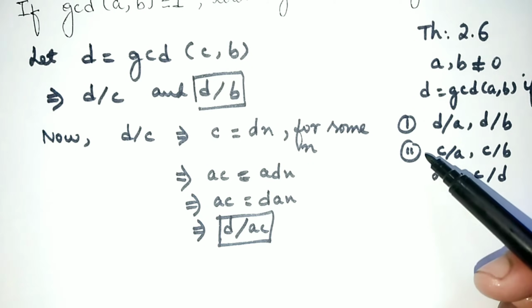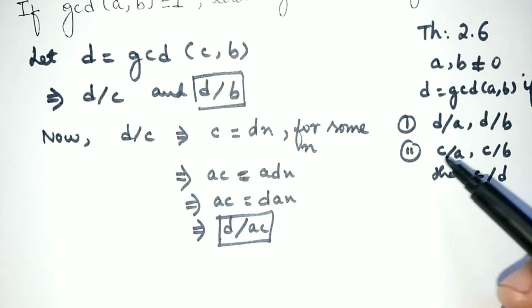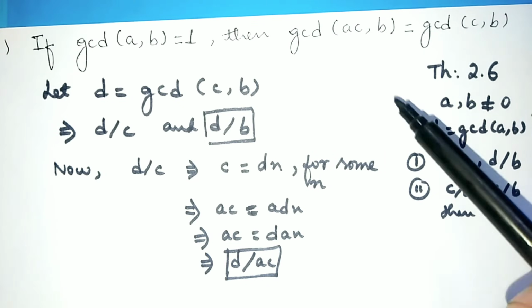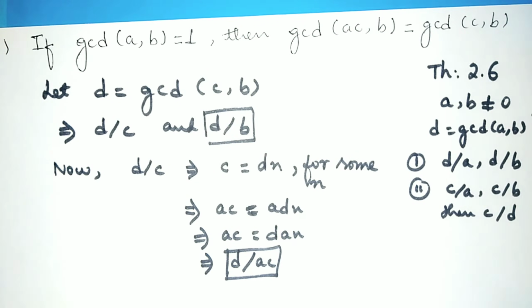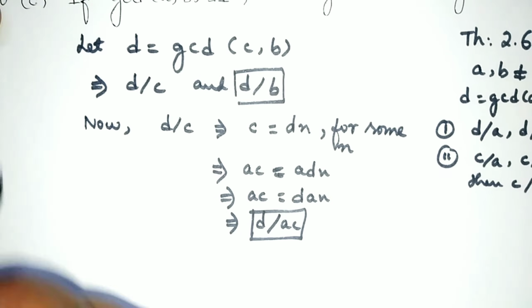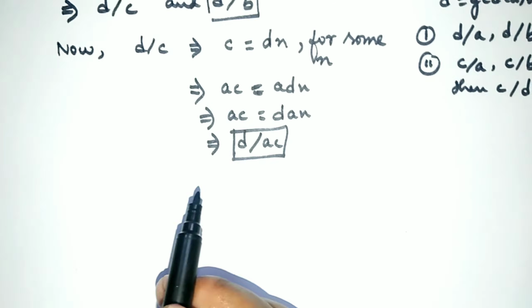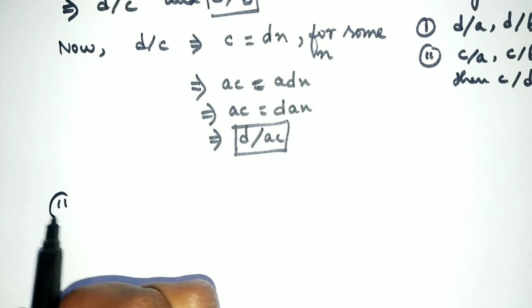Next, we will be showing the second one. Okay, here we won't use any letter C because C is already there. We will choose another letter, say K. Okay, this is the first one. Now the second one.